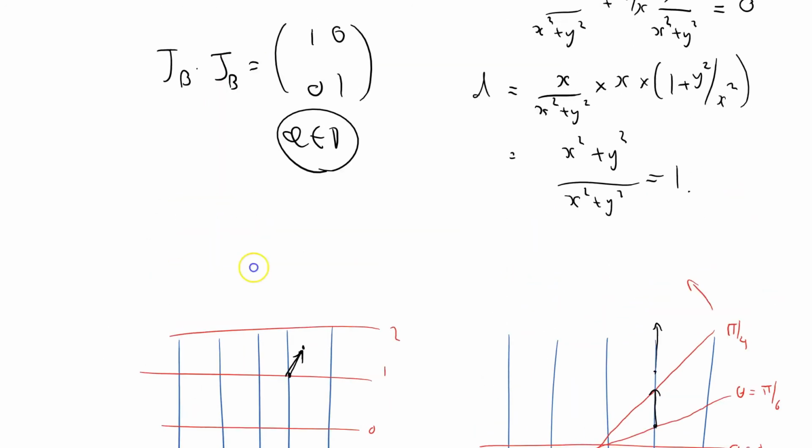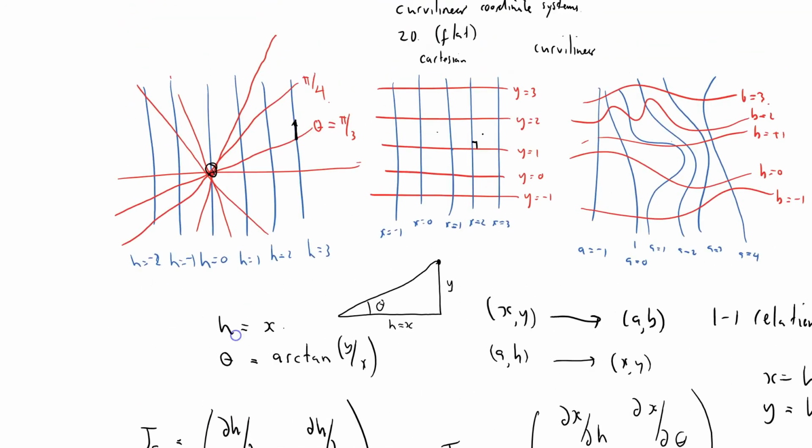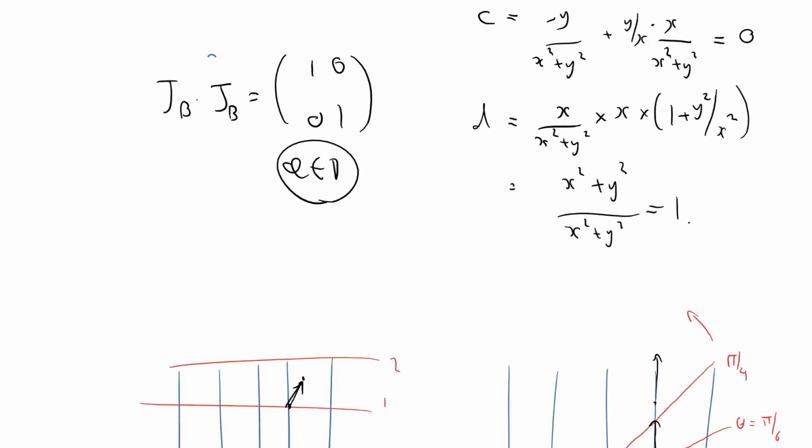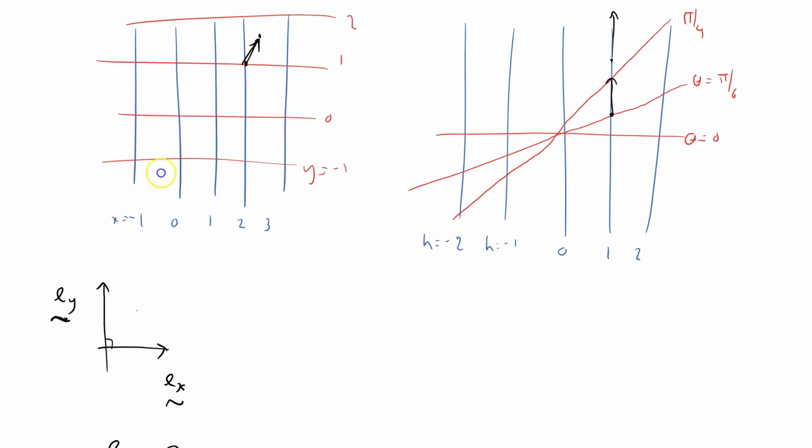bearing in mind that my coordinates could look really complicated. The coordinates might look like that. If you've got space-time near a couple of orbiting black holes, then goodness knows what might happen. So we need some way of thinking about this.